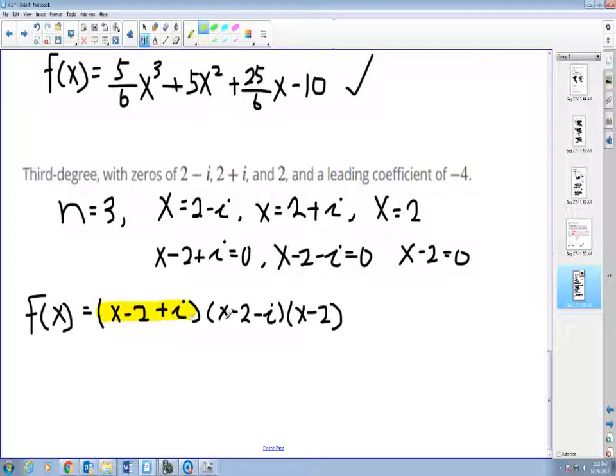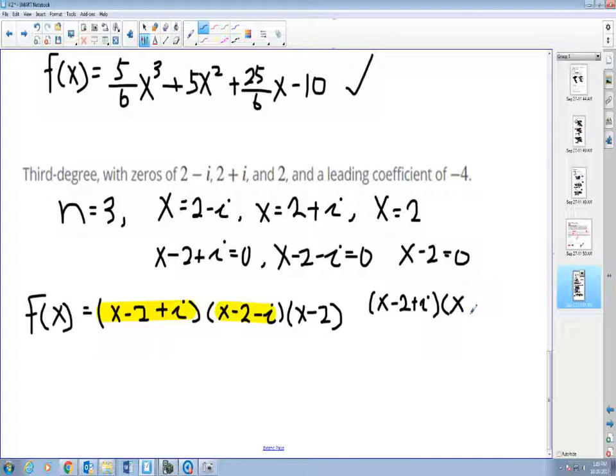Let me show you how to do this one. The first two being multiplied. What I can do, one way, is take x times x, x times negative 2, negative i, and so forth. Or I can look at these two factors a little bit more closely.